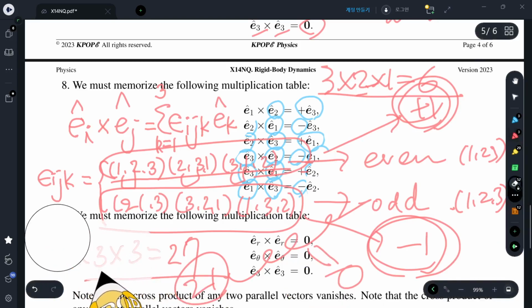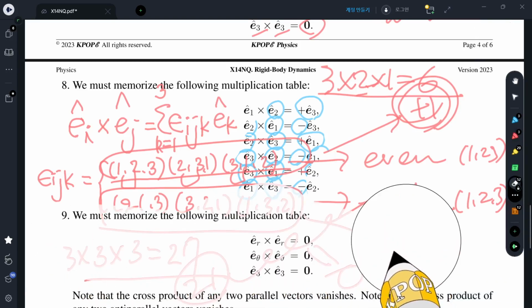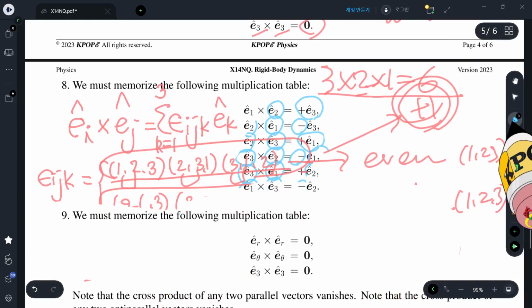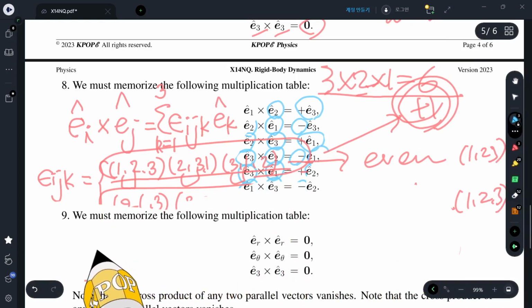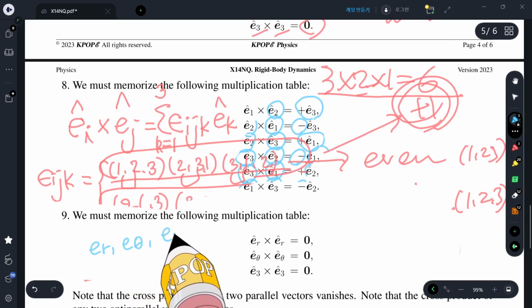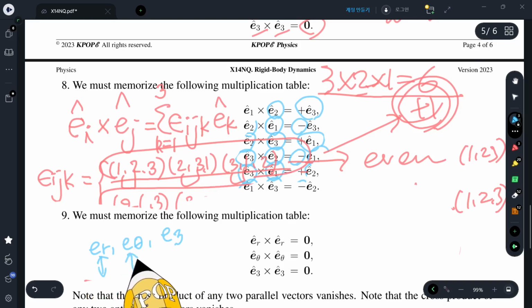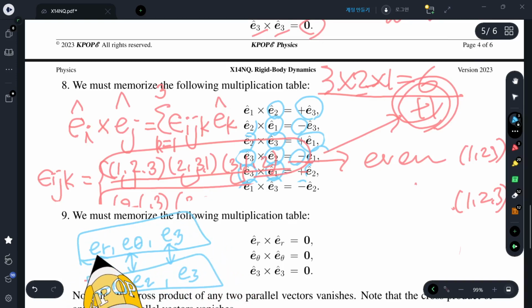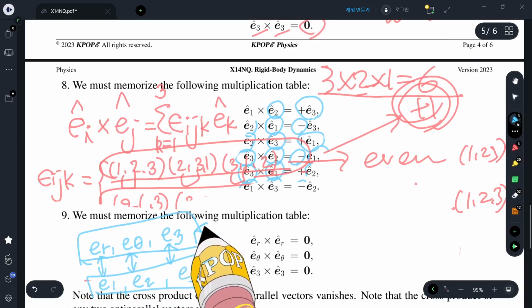In a similar manner, just like 1, 2, 3, we still have the same relationship among E r, E theta, and E z, the E3. Although their directions are different, their relative relations are equivalent.